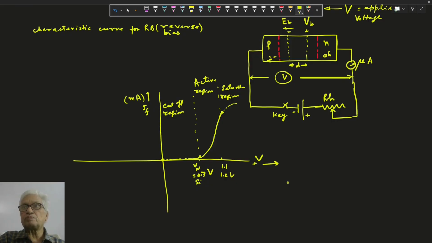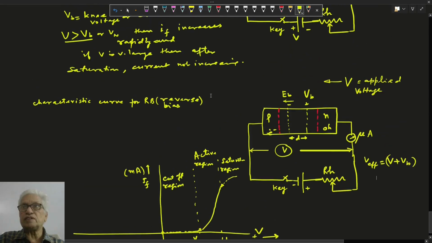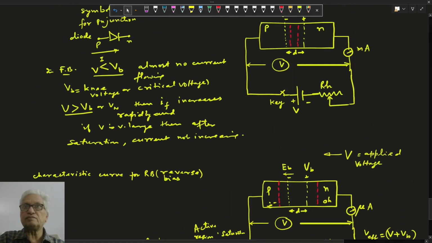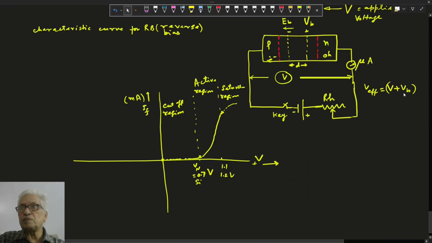So here the applied voltage and the barrier voltage add up. The effective voltage in reverse biasing is V plus VB. They are supporting. In forward biasing, they are opposing, and the effective voltage is the applied voltage minus the barrier voltage. Here it is V plus VB.